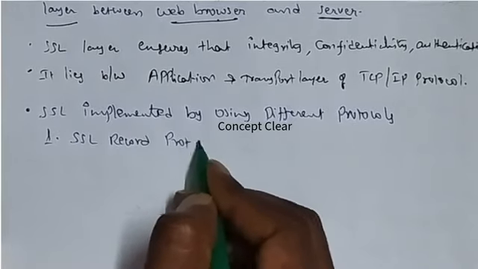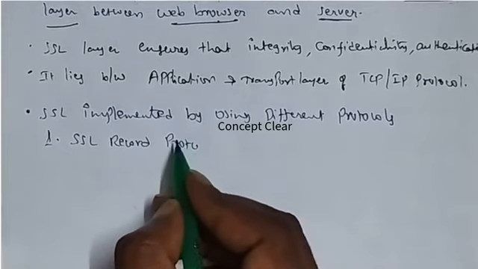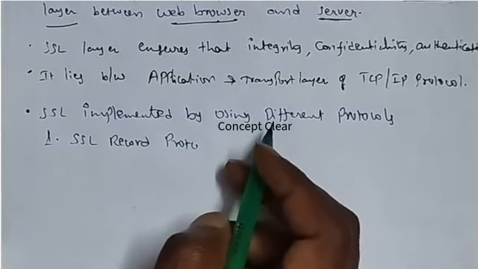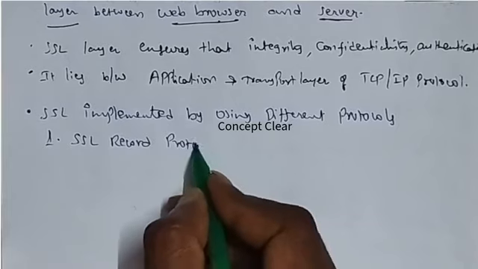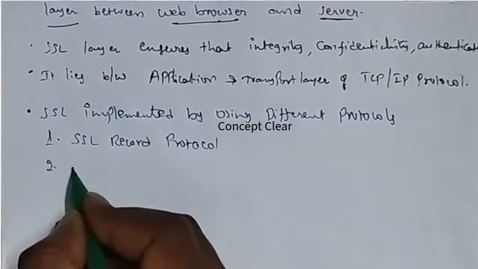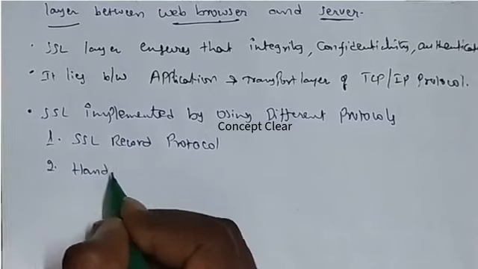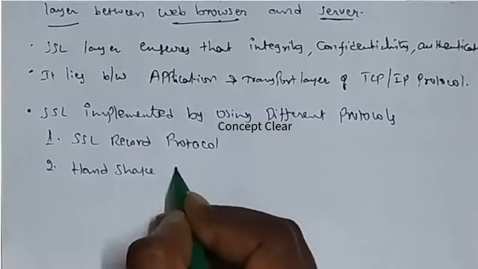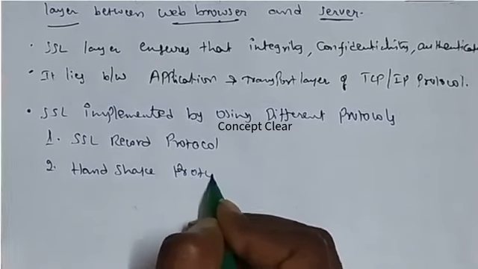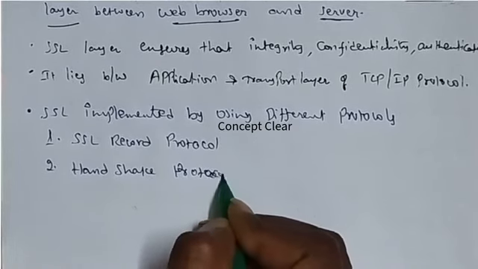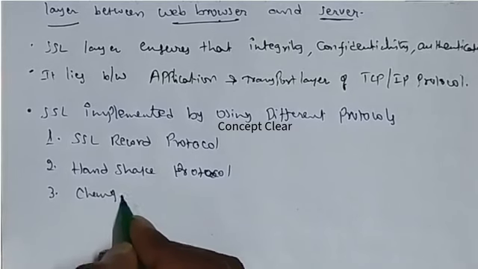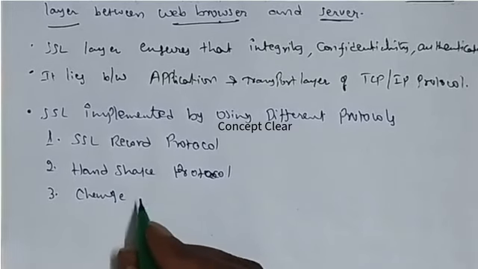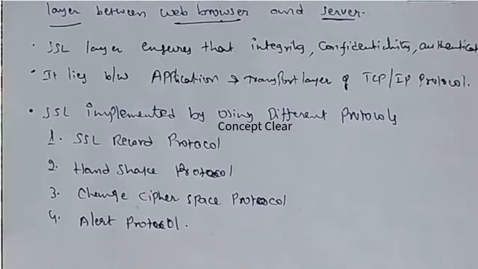The second one is the handshaking protocol, the third one is the change cipher spec protocol, and the fourth one is the alert protocol.